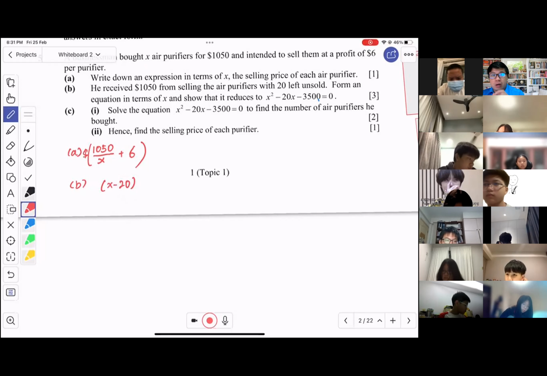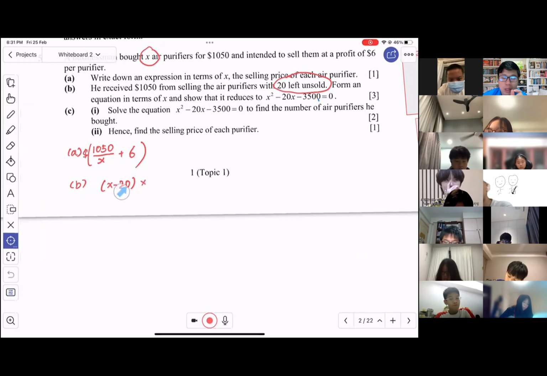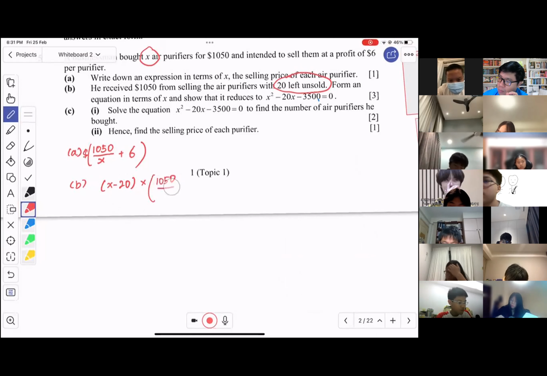That's what they're trying to tell you. Okay, from each of these X minus 20 that I sold, the selling price is 1050 over X plus 6.